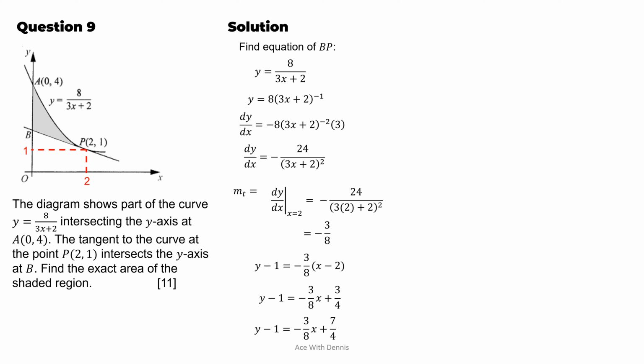And it will be y equals negative 3 over 8 x plus 7 over 4. Therefore, the coordinates of B will be (0, 7 over 4) as it is the y-intercept of the equation of BP.